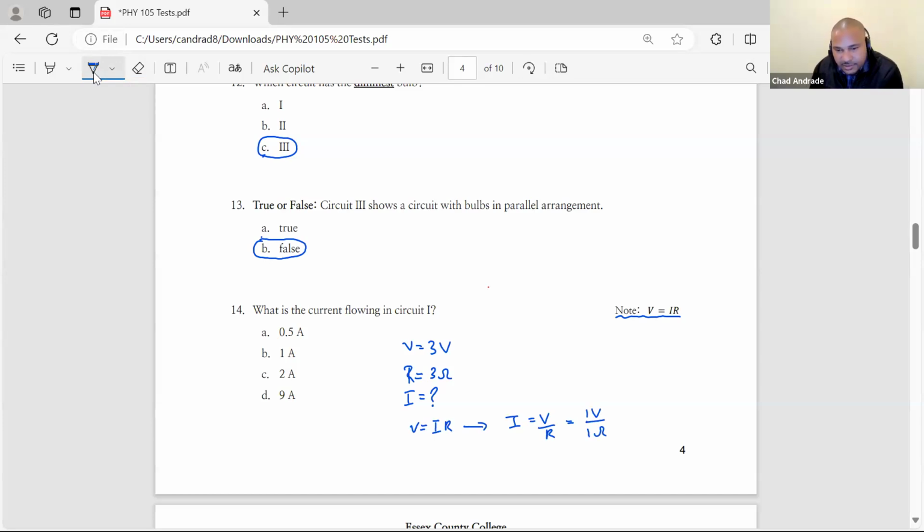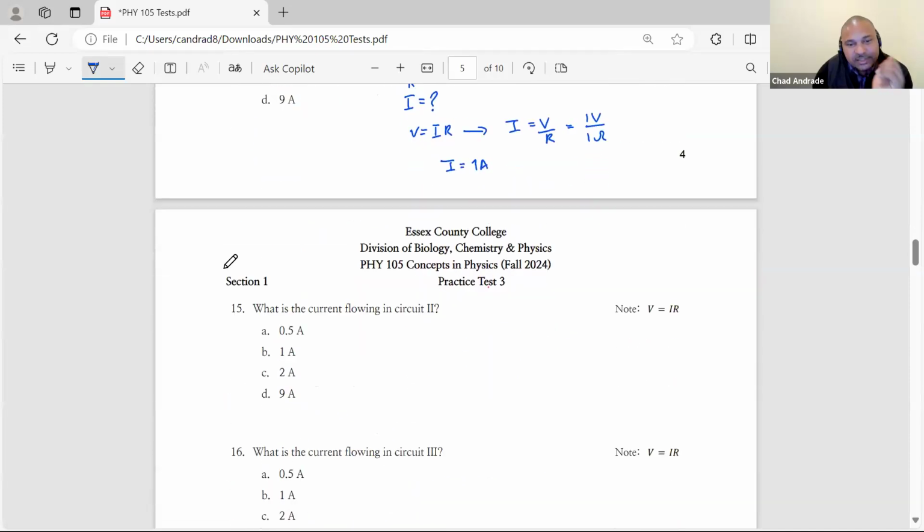And I saw the correct answer, somebody had it up. I think that was Joan. I equals 1 ampere. So this would be the correct answer, right? This is the first one where we have to do a little bit of calculation, but this one is easy.